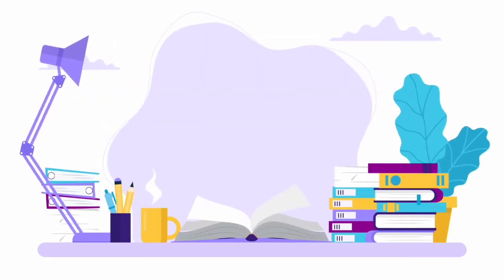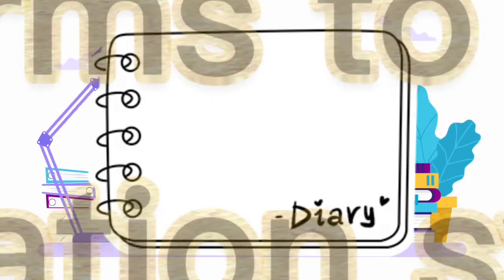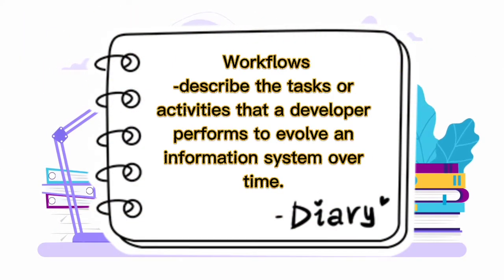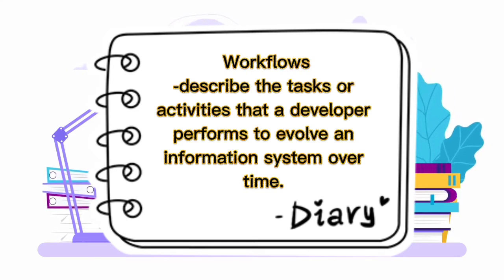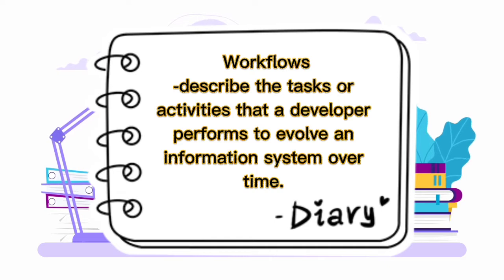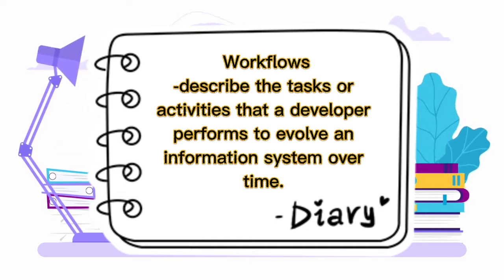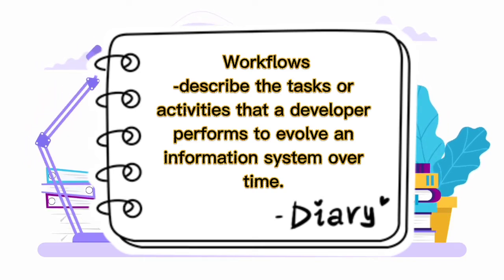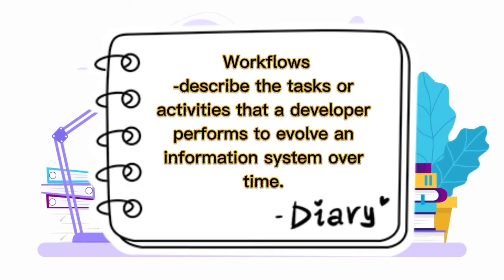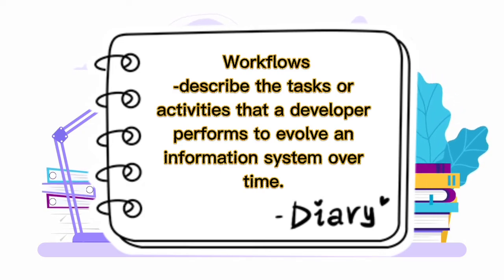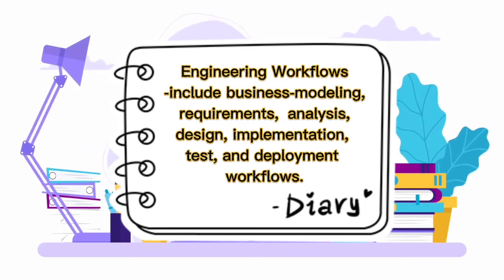The second dimension of the unified process is the workflows. Workflows describe the tasks or activities that a developer performs to evolve an information system over time. The unified process workflows are grouped into two broad categories: the engineering and supporting.